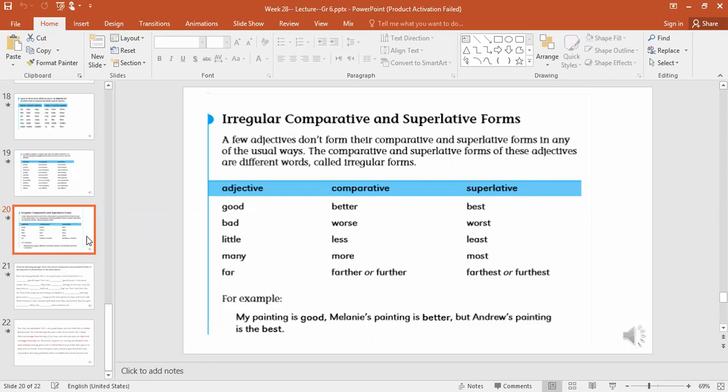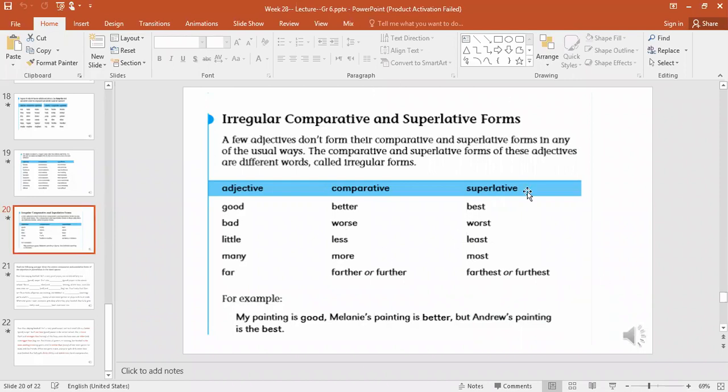And that's it. Let's read the example. My painting is good, Melanie's painting is better, and Andrew's painting is the best. So I was comparing my painting to Melanie's painting and I said it is better. But when I compared Andrew's painting to all of these, I find that Andrew's painting is the best. Okay?